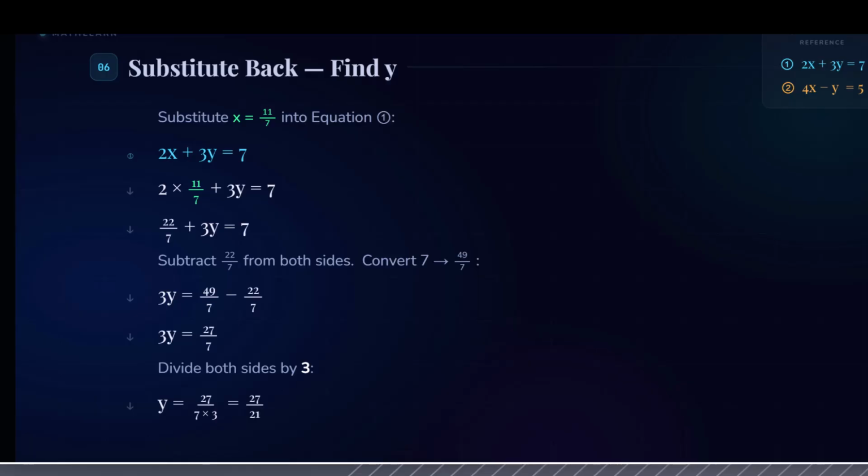Y equals 27 over 21. Simplify by dividing top and bottom by 3. Y equals 9/7. We have found y. Both unknowns are now solved.